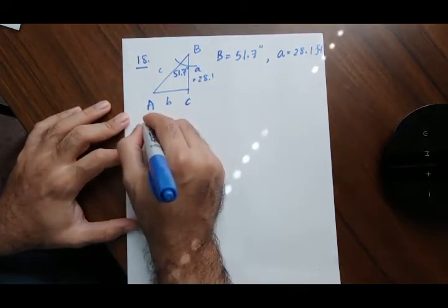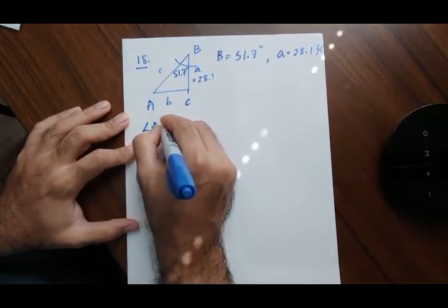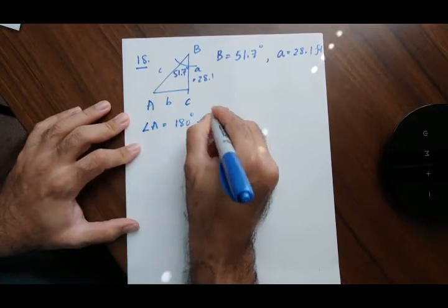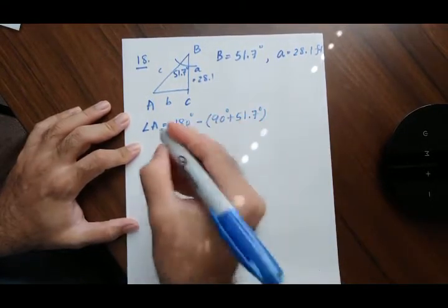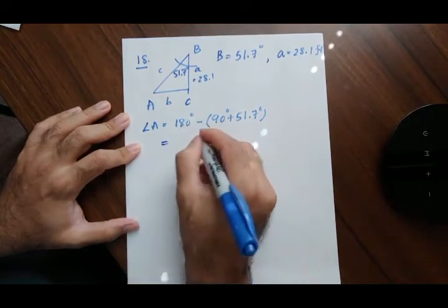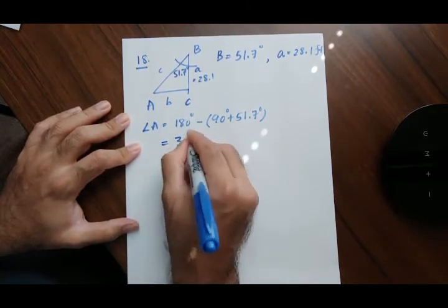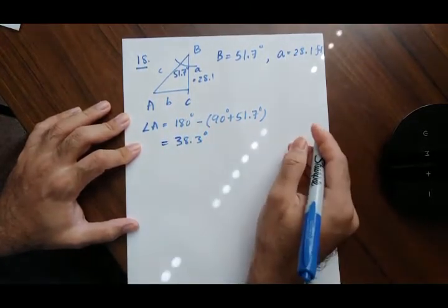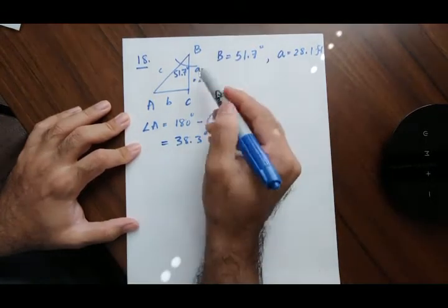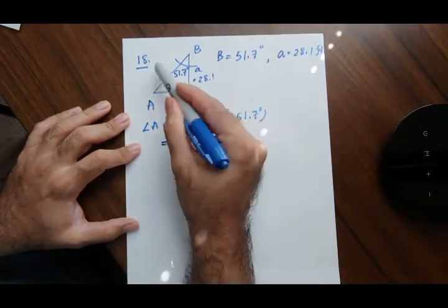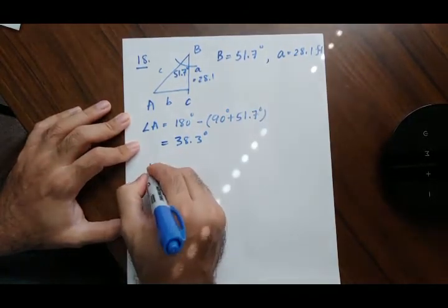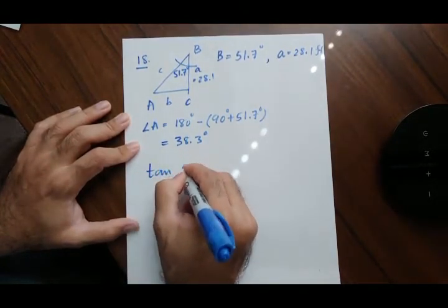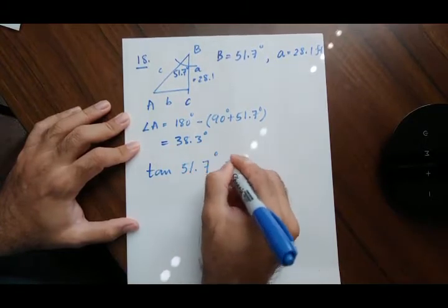So what would be angle A then? Angle A will be 180 minus (90 plus 51.7 degrees), which, if I do this in the calculator, is 38.3 degrees. Now here a is given, I want to find b, I don't know c. So here, what we will try is the tangent of 51.7 degrees.